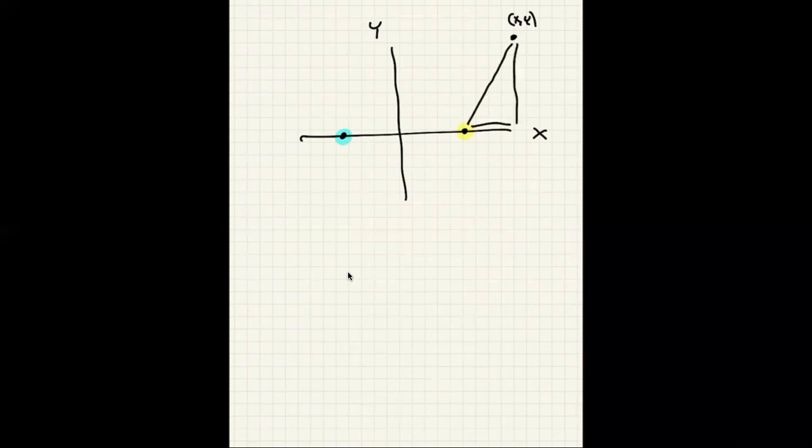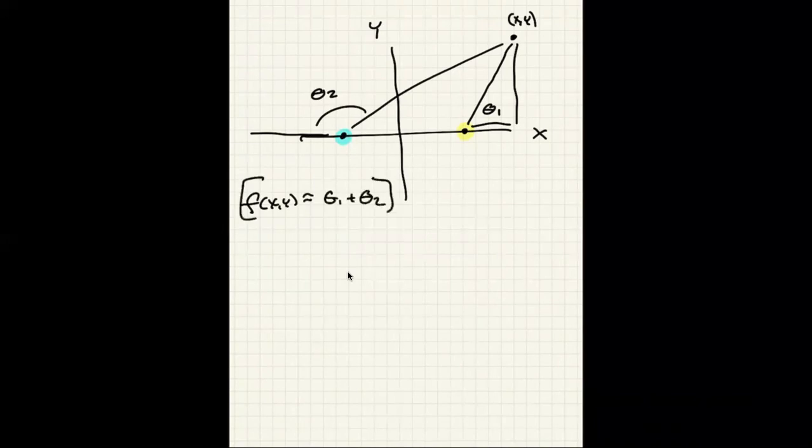I called this angle theta 1, and I wanted the angle measured from this side to be theta 2. I wanted f of x, y to roughly be theta 1 plus theta 2. At the end of the day, I knew that the gradient would define something that's curl free, that's not defined at these spots, and which exhibited some rotation about the yellow and the blue point. So I knew once I could find the formula for f, then the gradient would be a really cool vector field that we could learn a lot from.